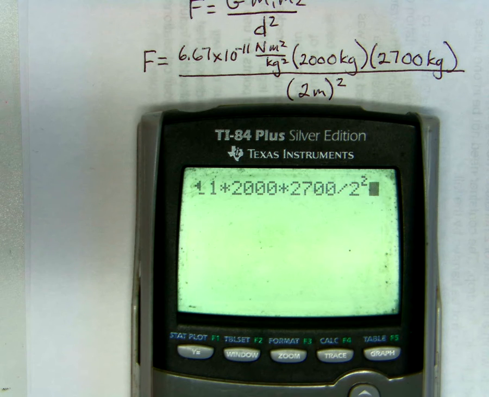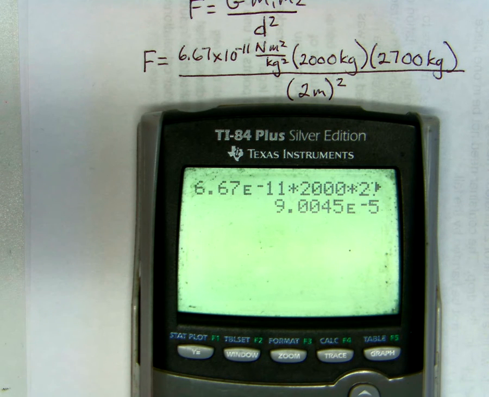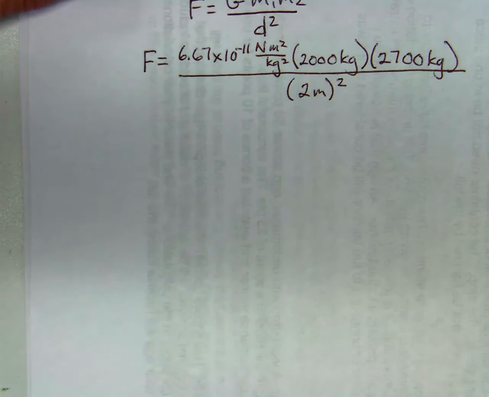Don't forget to square the distance. And when you do that, I get 9.0045 times 10 to the negative... I pushed enter about the time you started talking. So yes, that's what you should have gotten.